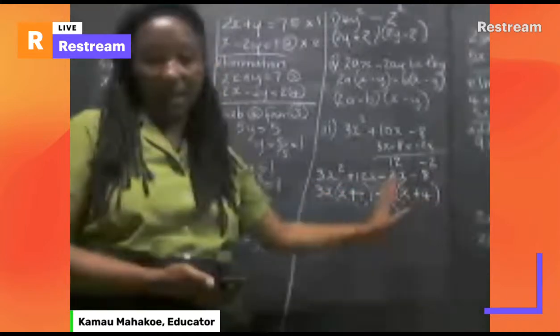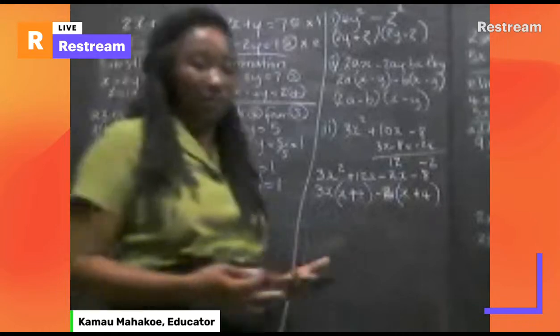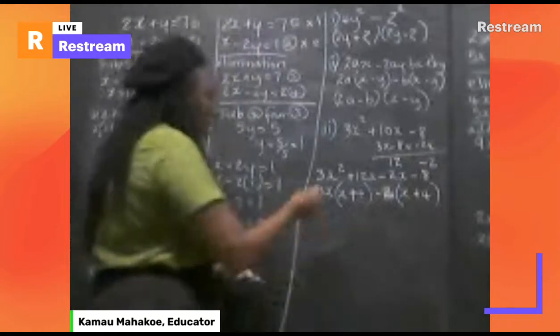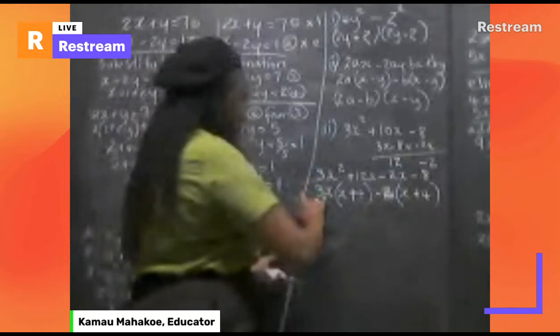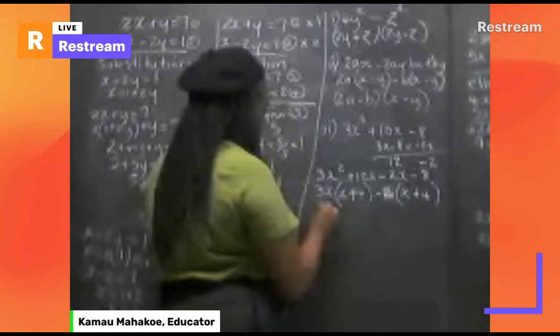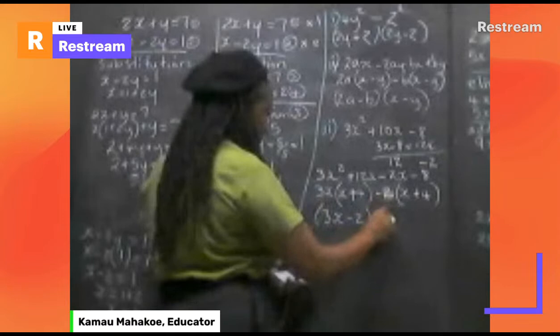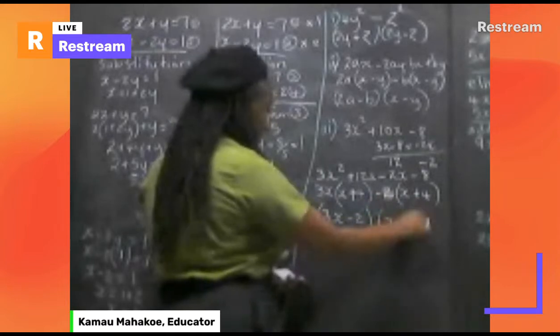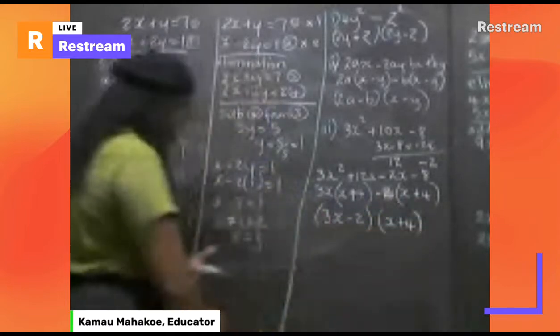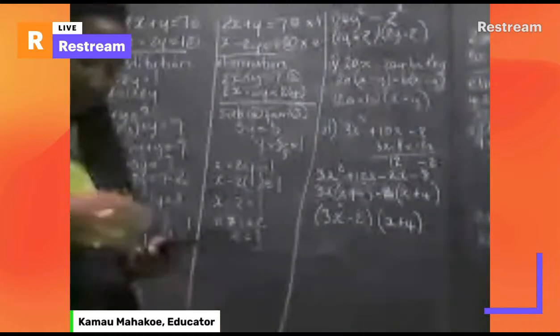Or you have to trace your steps and see where you went wrong. So now the common factor here is x plus 4. So we have 3x minus 2, x plus 4. And that is how we factorize that one.